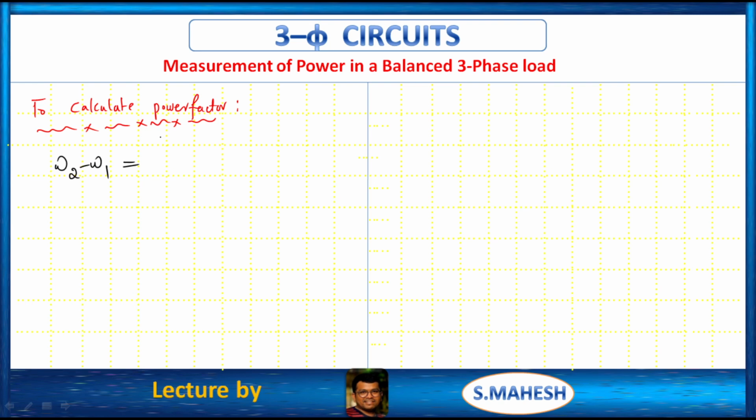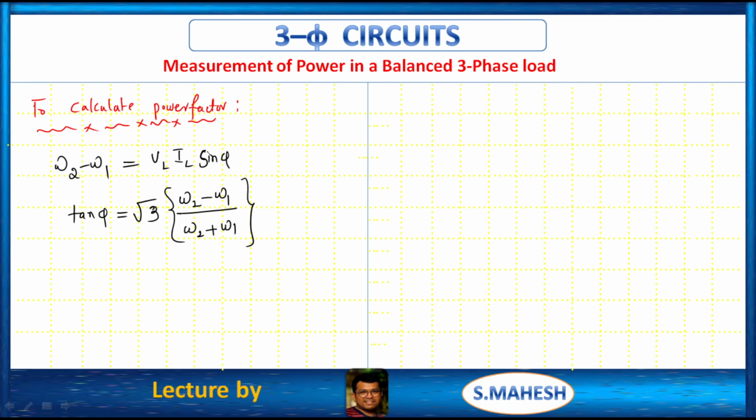W2 minus W1, which is equal to VL IL sin phi. From this, tan phi is equal to root 3 times W2 minus W1 by W2 plus W1. That's it.